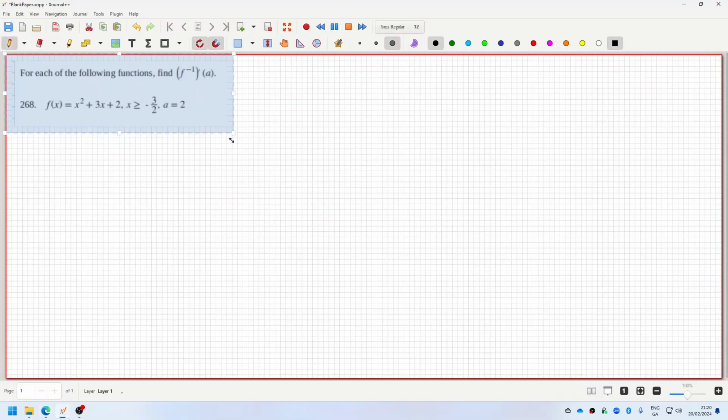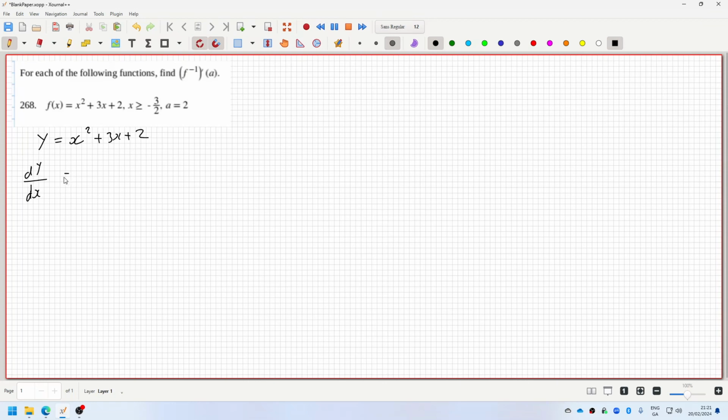Okay, so the issue isn't really finding the derivative, because here if you say y equals x squared plus 3x plus 2, the derivative is dy/dx equals 2x plus 3.